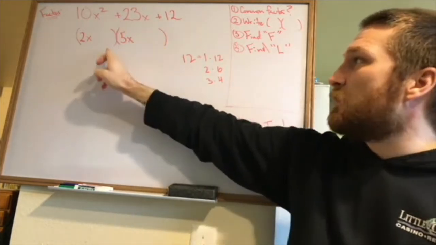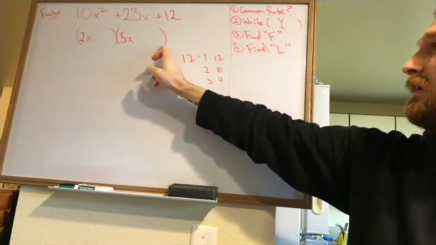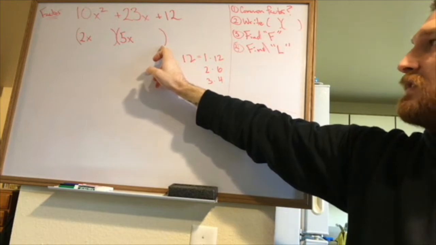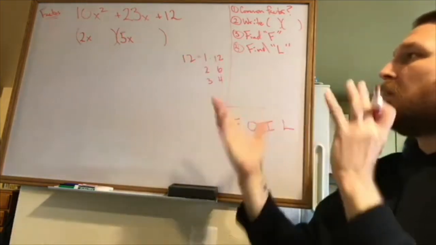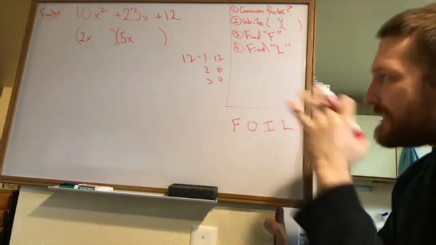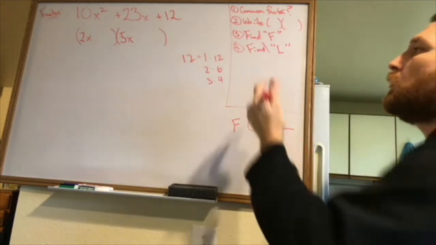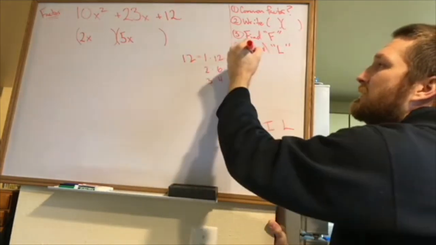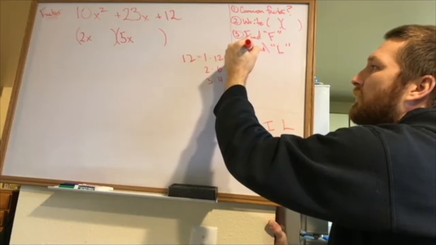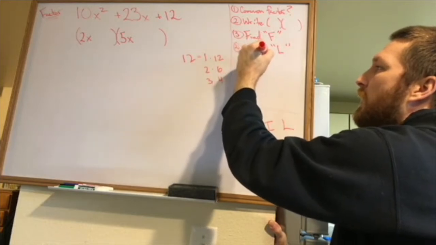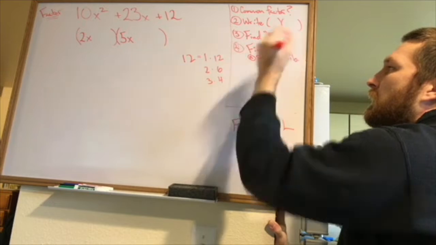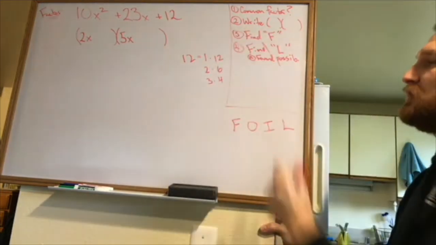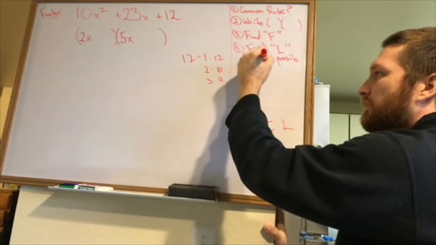Because you'll notice if you put a 3 here and a 4 here, you're not going to get the same thing as if you put a 4 here and a 3 here. So now, okay, we have possibilities for L. This leads us now to part 5. We found the possible combinations, and now we're going to try them.